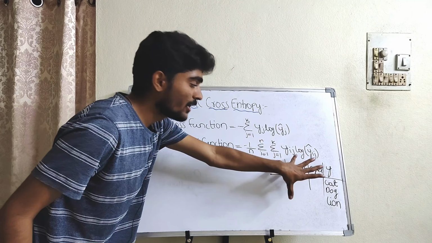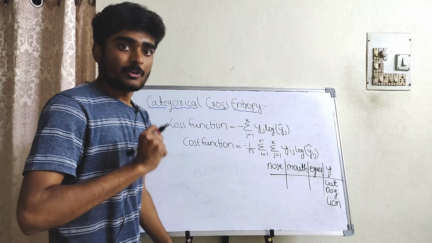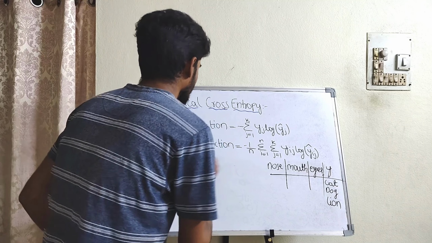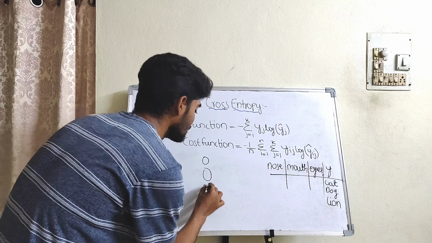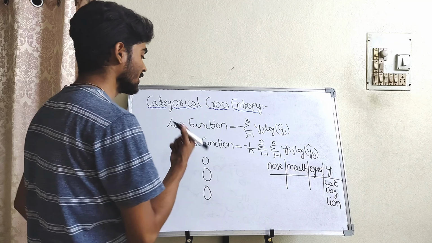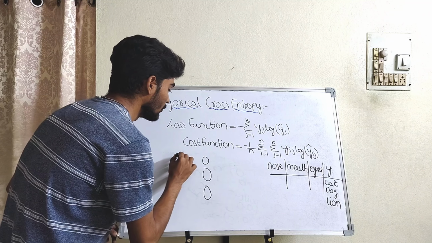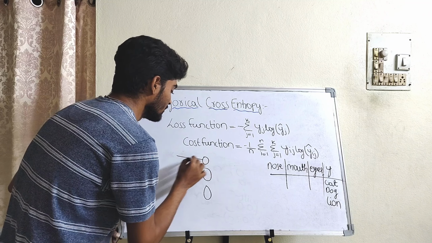Now after building our dataset, we'll be getting our neural network ready. To make the predictions on that dataset, we'll be building a corresponding neural network with three inputs. The first input is nose, then mouth, and next is eyes.